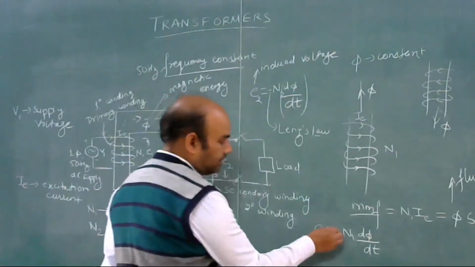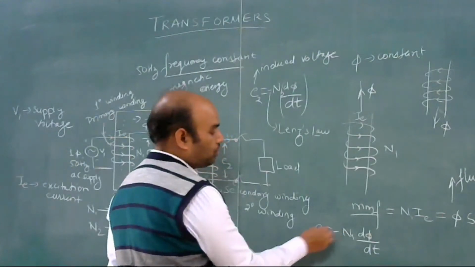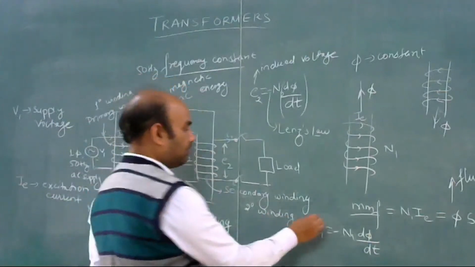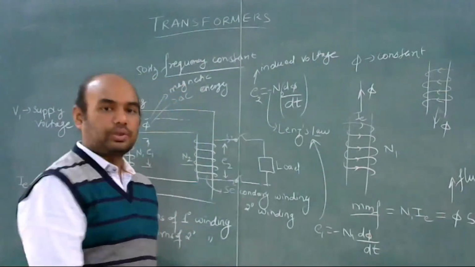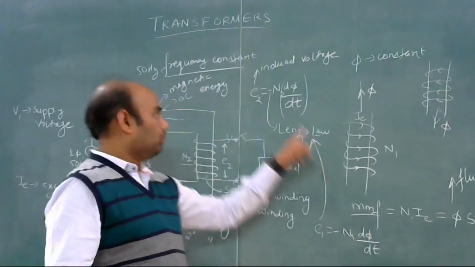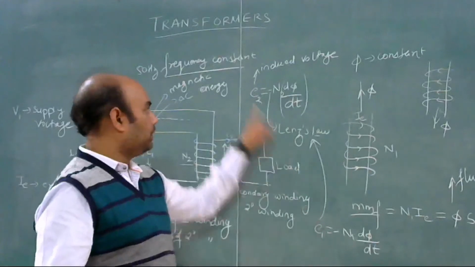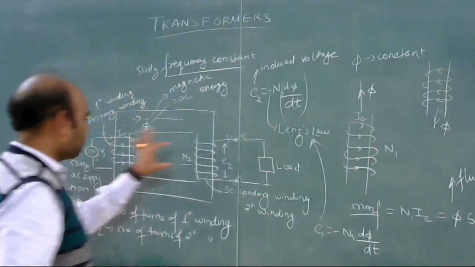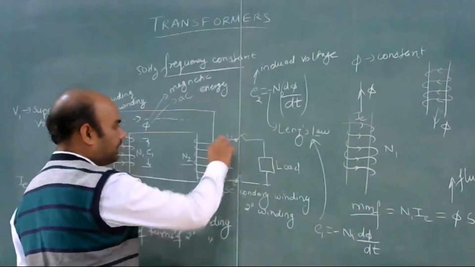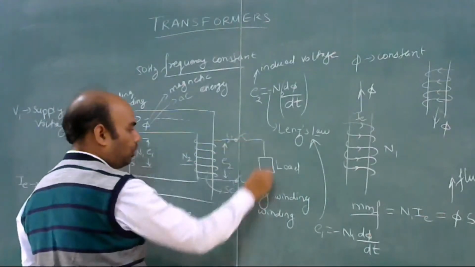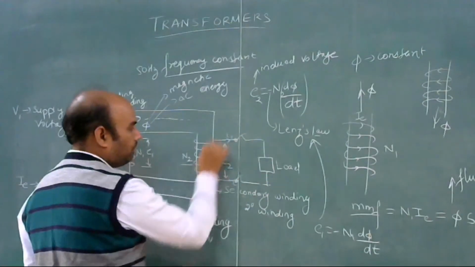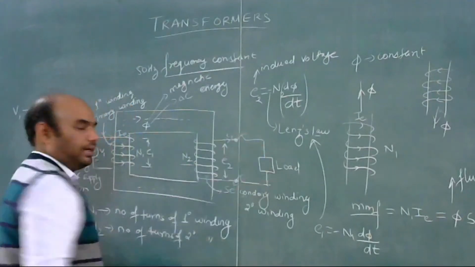Why are we using this minus sign? Because this induced voltage opposes its very cause. This is given by Lenz's law. So there are two induced voltages, E1 and E2. Voltage will be induced in the secondary side, and if you connect a load to the secondary side, a current I2 will flow through this winding.